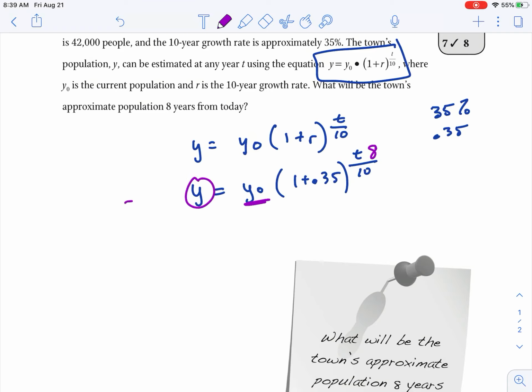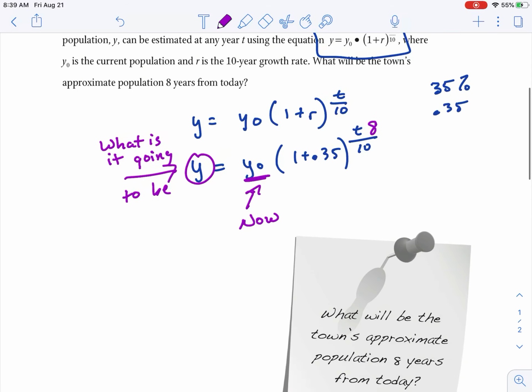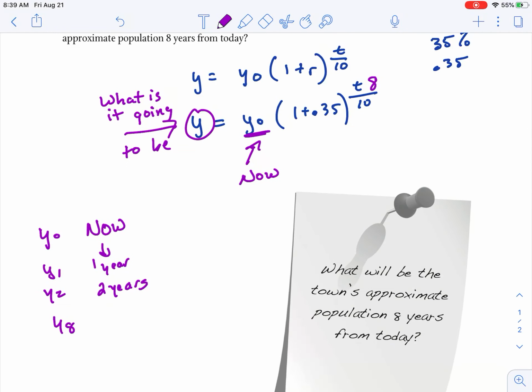This answer means what is it going to be? Why is it sub 0? Sub 0 is right now. Y1 is after 1 year. Y2 is after 2 years. Eventually we're going to get to Y8. You're not writing all that out, but I'm just trying to show you this is what it is right now. So year 1 is what it's going to be in a year.